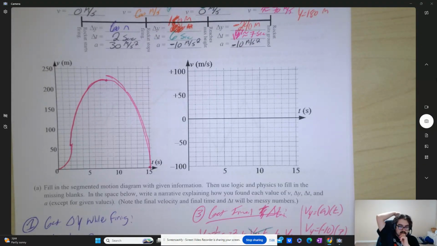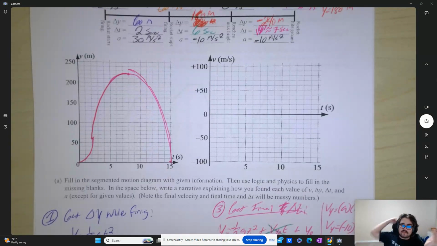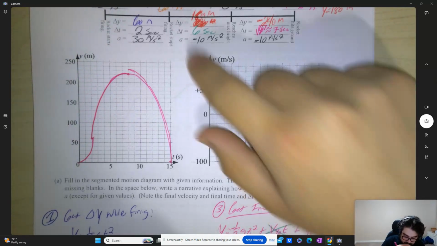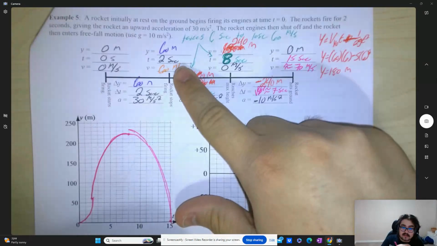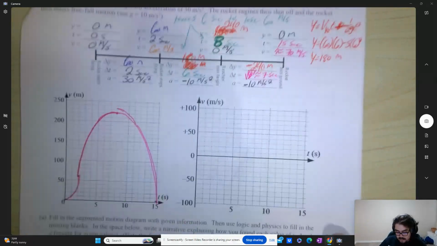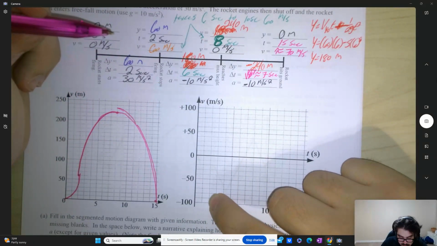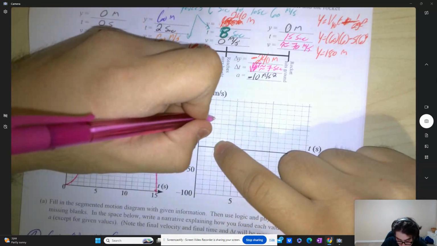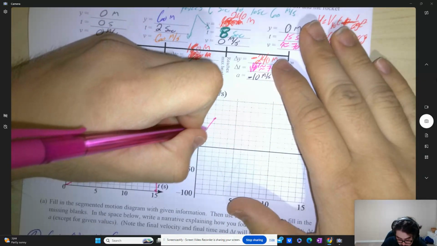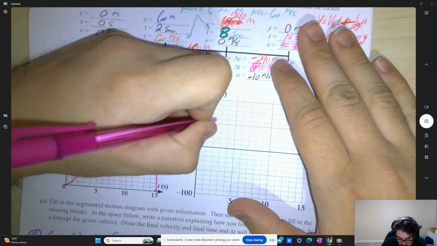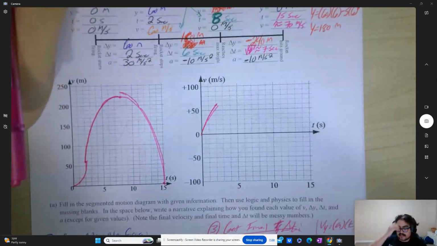And then for the velocity graph, you should notice that for the beginning, while the rockets are firing, it's steadily increasing. But then after that, the velocity decreases because it's now essentially in free fall. The velocity at 2 seconds is 60 meters per second. So here's one, here's two, and 60 is right about up here. So it starts at 0 and then gets up to 60, and it shouldn't be curved at all. If it looks like I did, then I apologize.